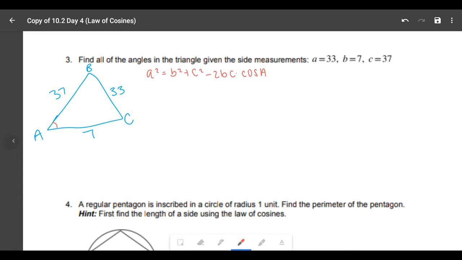And from here, plug in the information that you know. Here we're going to simplify what we can.